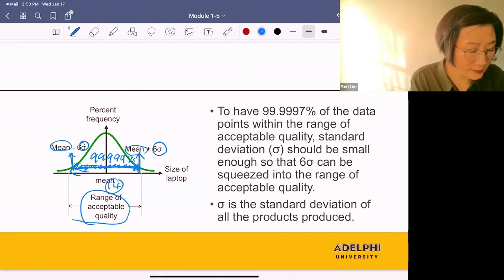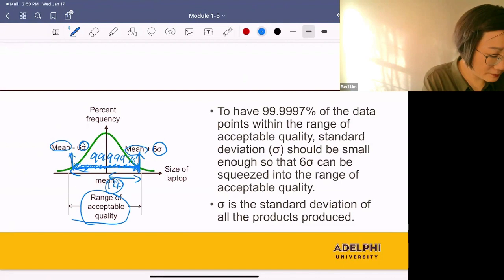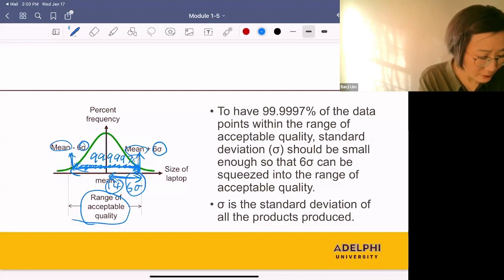So to make this possible, what's 6 sigma? The length of 6 sigma is this, and this should be small enough so that it is less than the range of acceptable quality. In this case, it was 0.1 inch.